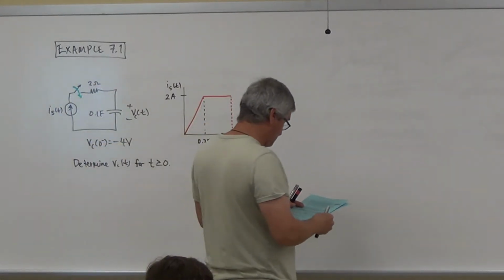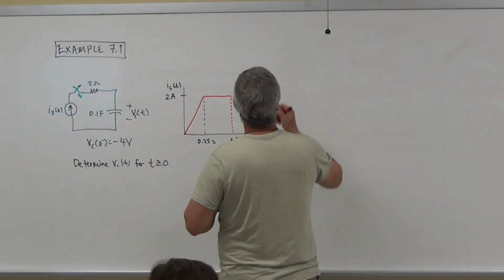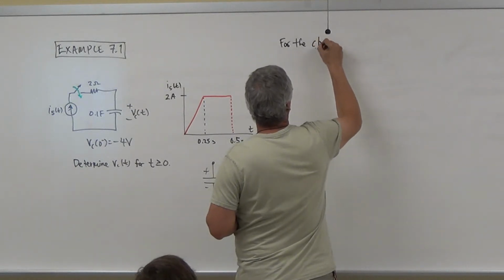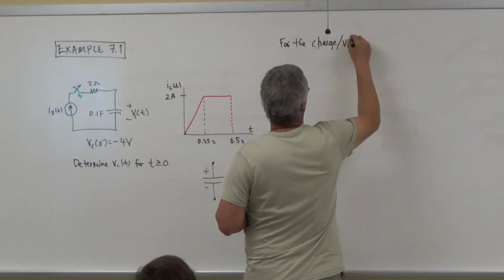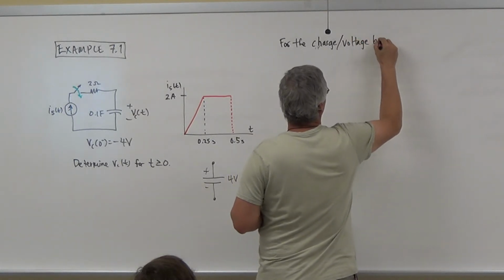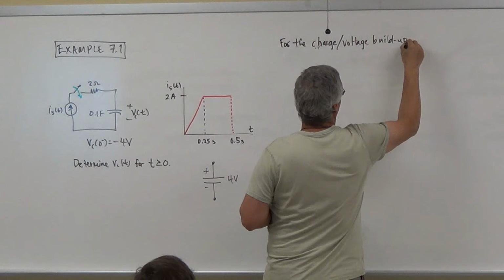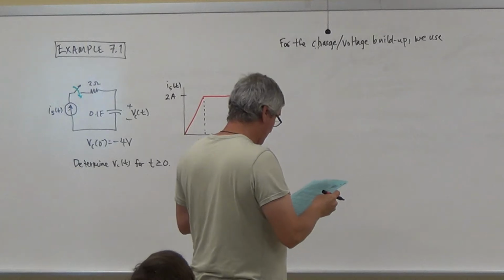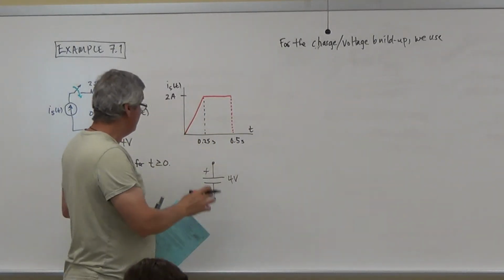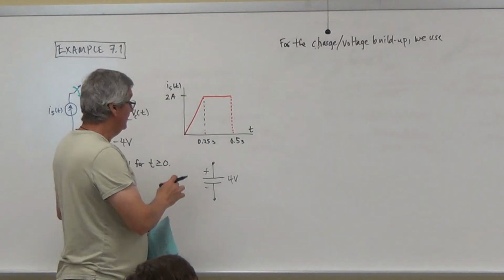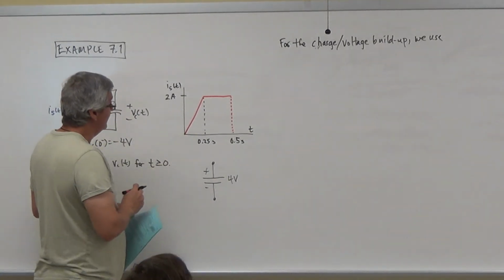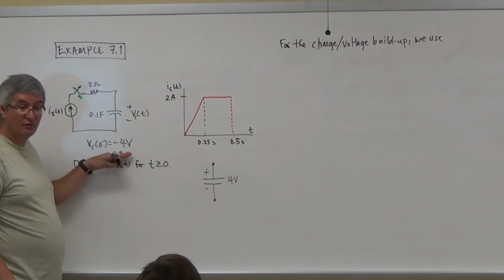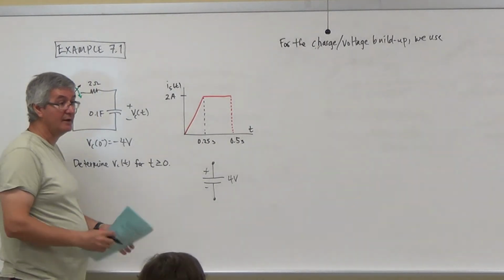So if I want to look at the charge slash voltage buildup, we use that equation right there. And because of the way this thing is, I know that initially the voltage of the capacitor has to be negative 4 volts. So it's below the line.